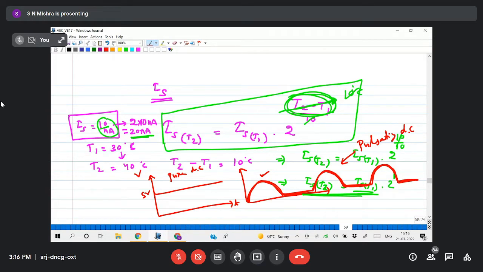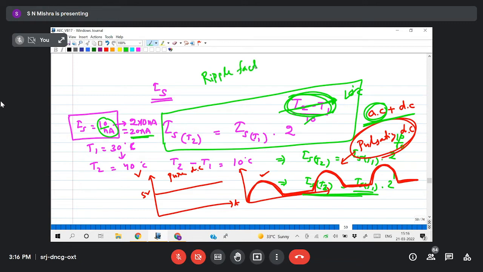This pulsating nature is due to some AC component in my DC, or I can say AC plus DC. That means some AC component is still there. We are not removing all the AC component, or not converting this AC to pure DC.